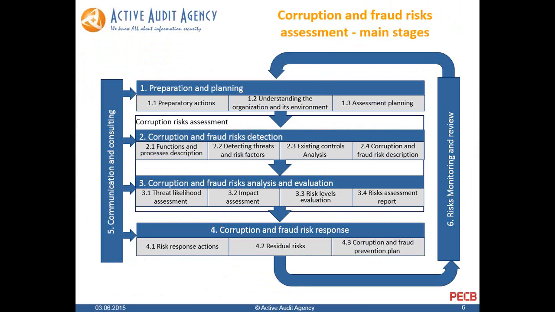Next, corruption and fraud risk analysis and evaluation, which includes threat likelihood assessment, impact assessment, risk level evaluation, and risk report preparation. And for corruption and fraud risk response actions, residual risks, and corruption and fraud prevention plan. And also we have 2 end-to-end processes. It's communication and consulting and risk monitoring and review. So let's go step by step on this methodology.